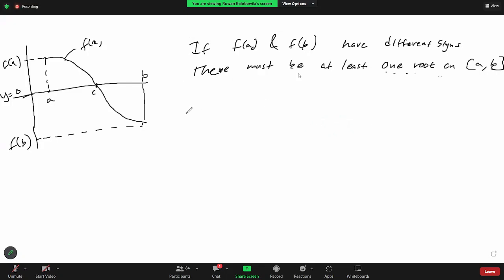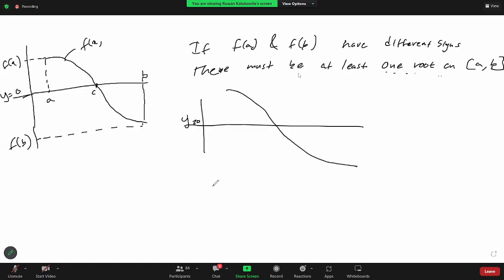Okay, now our case is if f(a) and f(b) have different signs. That means within this range, let's take f(a) is positive and f(b) is negative, then what happens to the function? That function should cross the y equals 0 line. That is why we have a different sign.